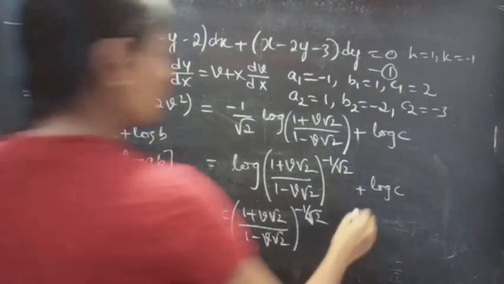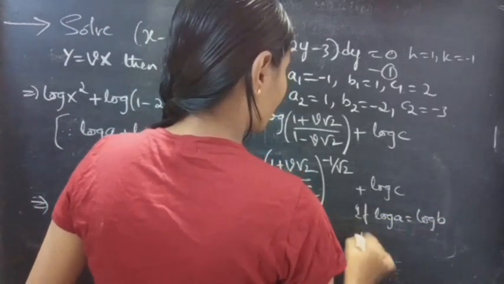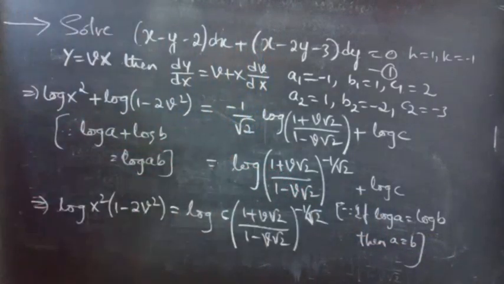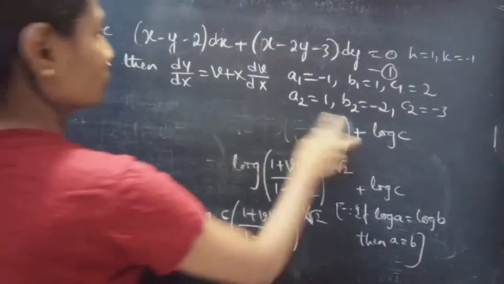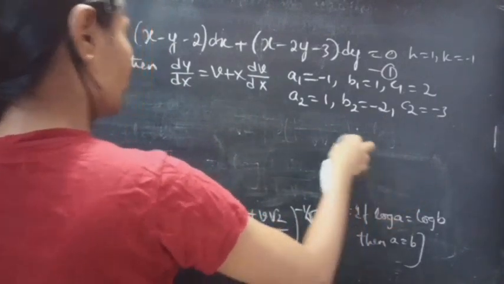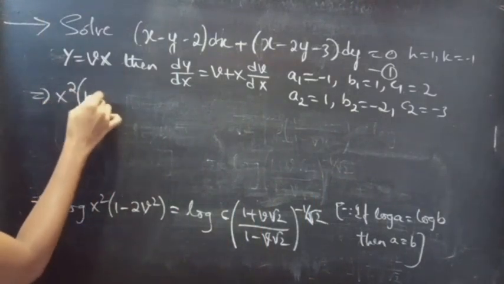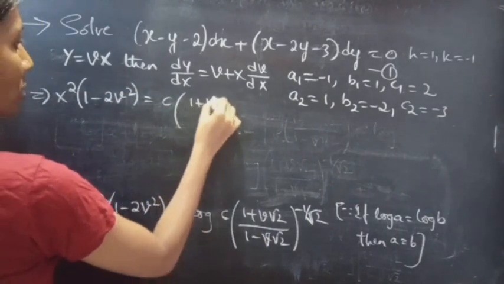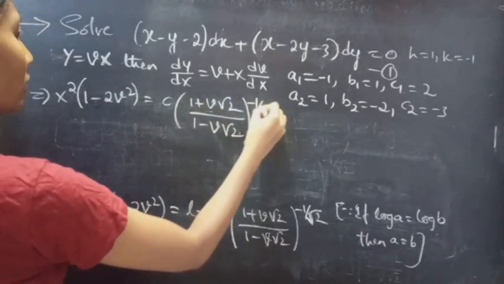Okay, we know that if log a equals to log b, then a equals to b. Then this becomes x square into 1 minus 2v square equals to c times 1 plus v root 2 by 1 minus v root 2 or minus 1 by square root 2.